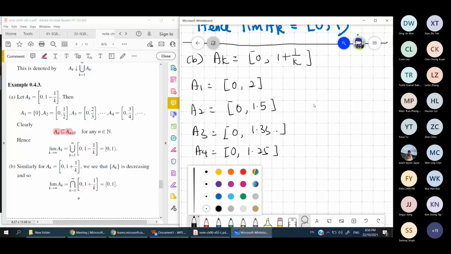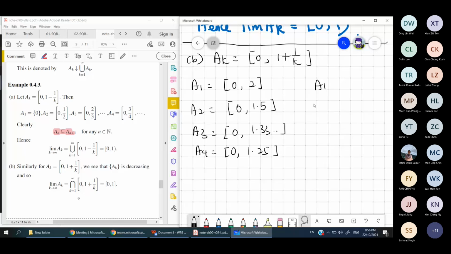So you can see this A1, from here we can have A1 subset of A2. No, I think the other way around. A1 is a superset of A2, A2 is a superset of A3, and A3 is a superset of A4, and so on.